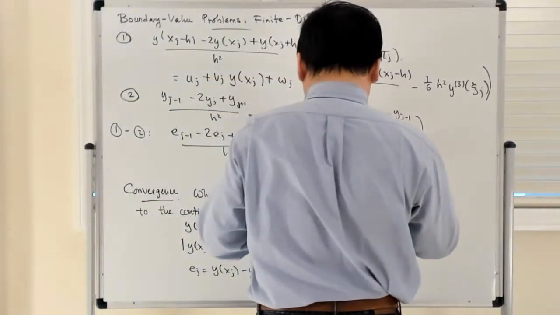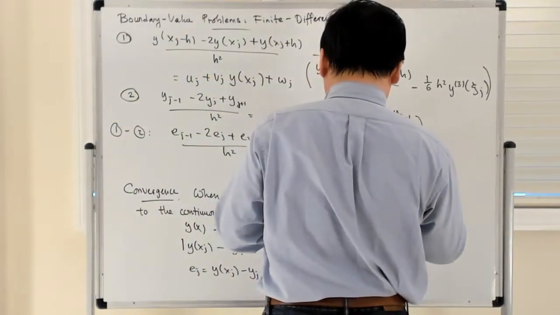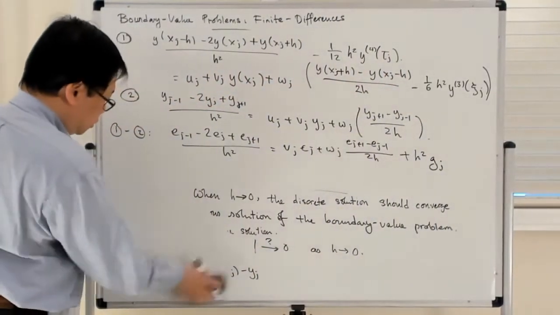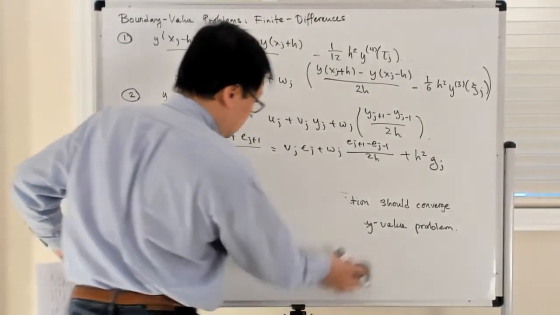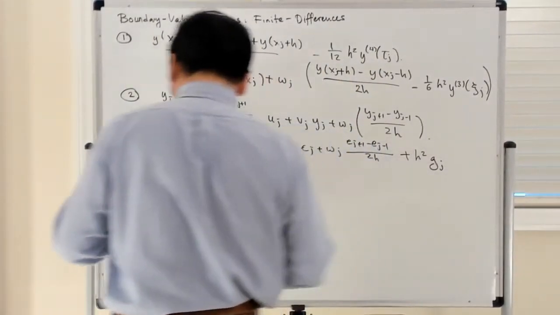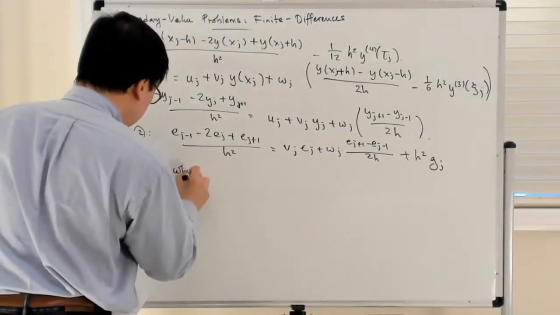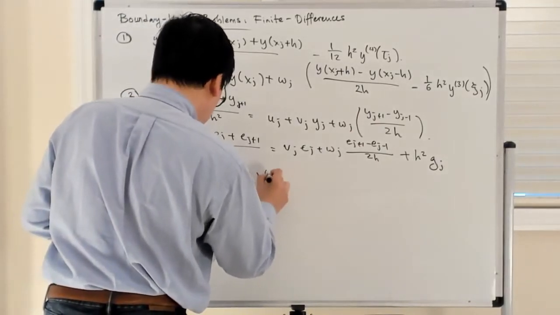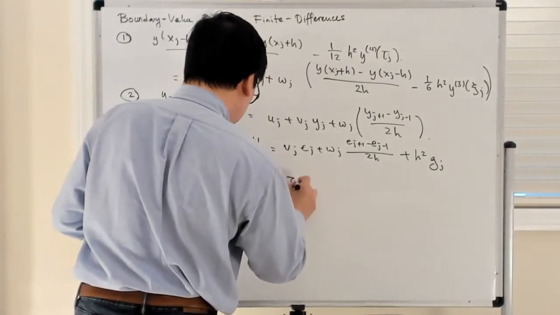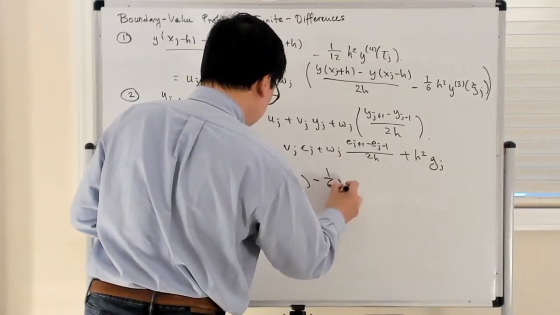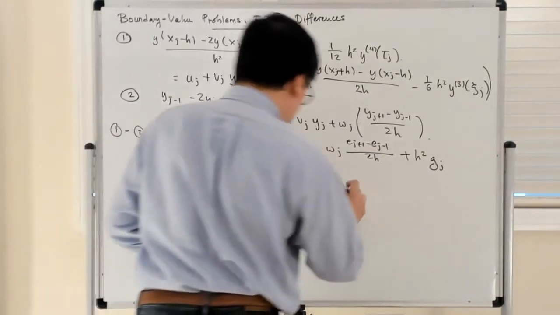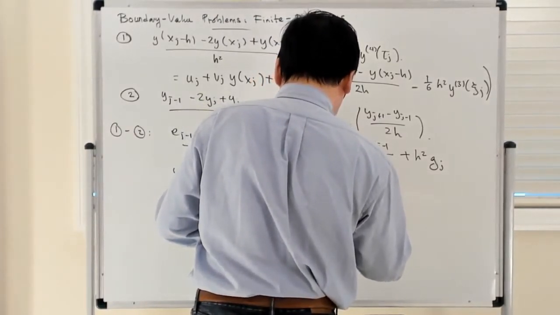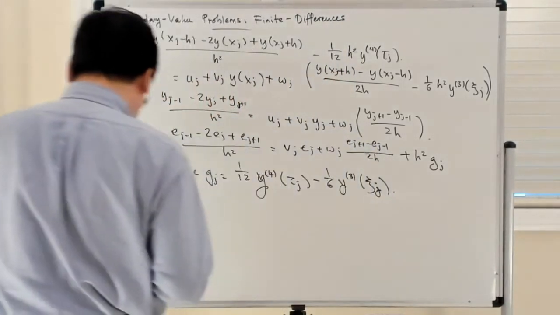So that's going to be incorporated in this last term here, plus h squared gj, where gj is equal to 1/12 fourth derivative of y at tau j minus 1/6 the third derivative of y at another unknown point. Okay, so those are the error terms.